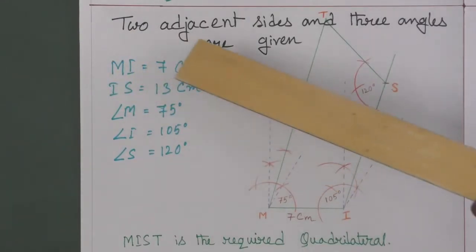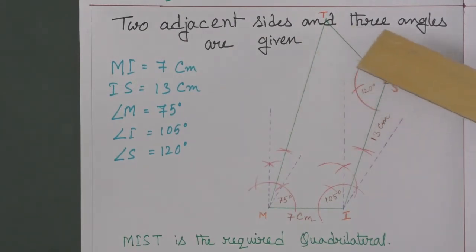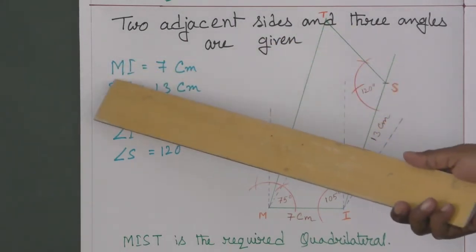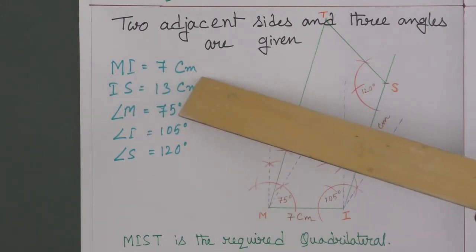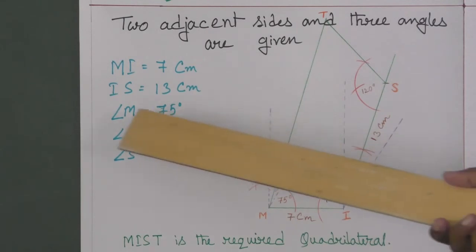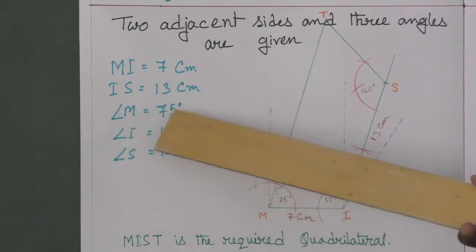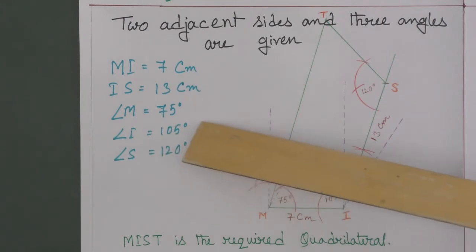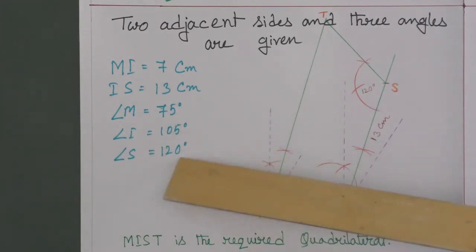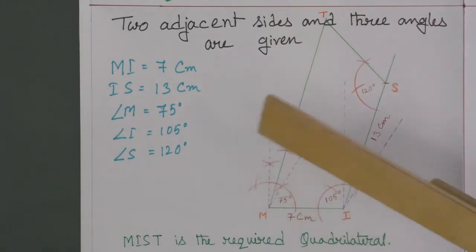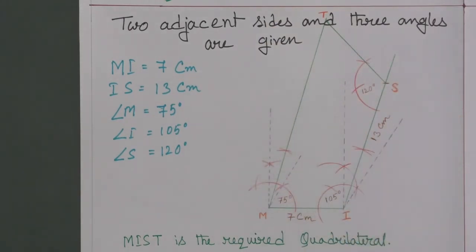Third, two adjacent sides and three angles are given. Here MI equal to 7 cm, IS is 13 cm and angle M 75 degree, angle I 105 degree, angle S 120 degree. So using these measurements we are going to draw a quadrilateral.